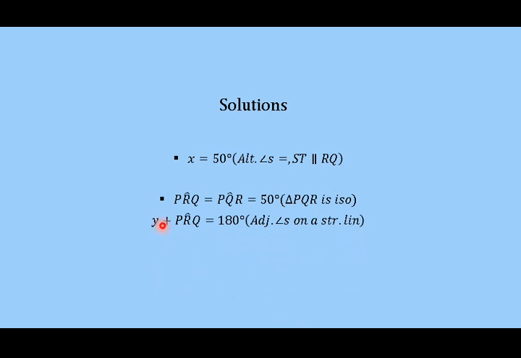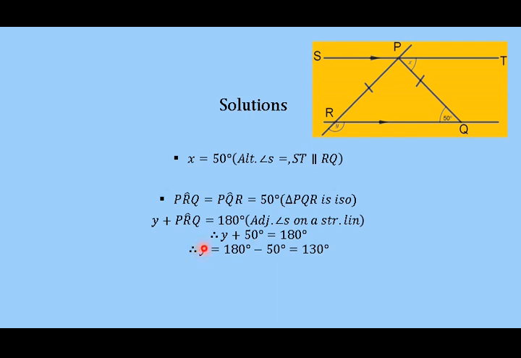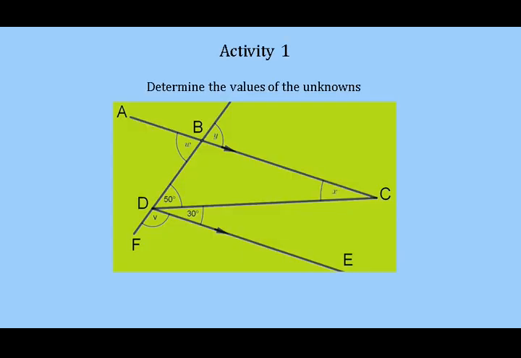Then we have Y plus angle PRQ equals 180, adjacent angles on a straight line. And then we substitute the value of angle PRQ. Then we solve for Y: Y equals 180 degrees minus 50 degrees, which equals 130 degrees.